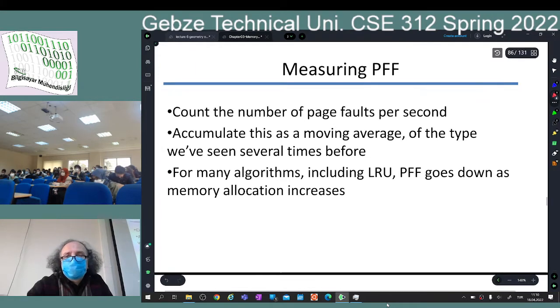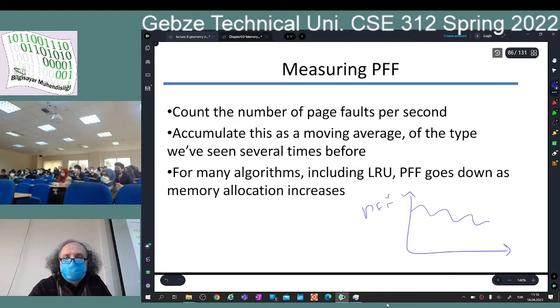As I said before, if this is my time and this is PFF for each one, if I get a page fault frequency like this, okay, if I take the average of the whole thing, it would be like that, right? A constant line.